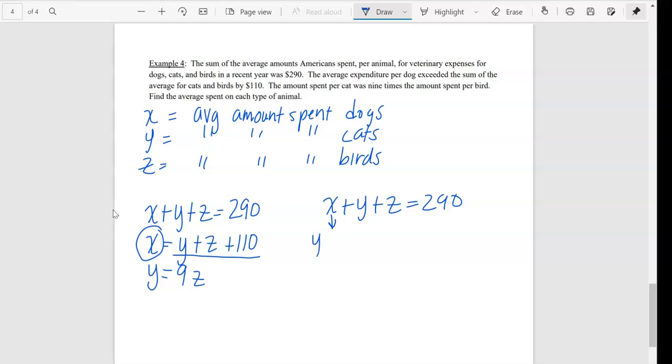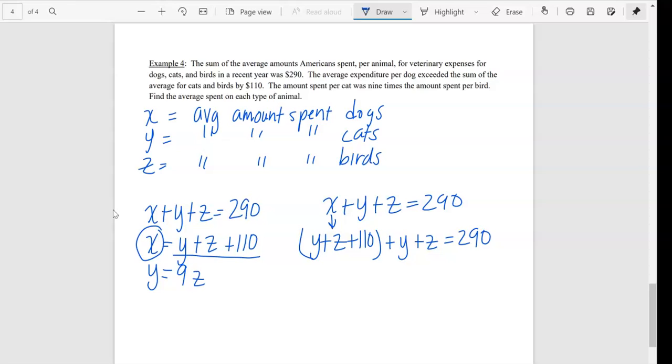So I could come here and say Y plus Z plus 110 plugged in for X. Now, keep in mind that you are still allowed to try to move the equations around and use your graphing calculator to solve these as well and to check yourself. But then I've got plus Y, and Y is the same thing as 9Z. Right now I'm just going to leave it alone. So plus Y plus Z equals 290.